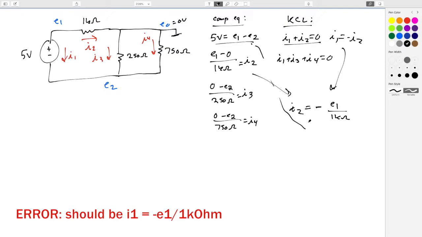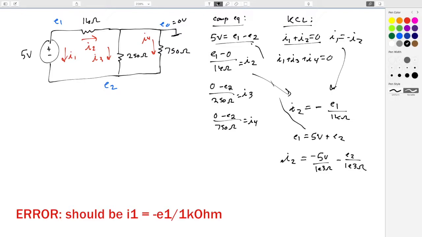And so that'll end up saying E1 equals 5 volts plus E2. Right, we can drop that in. So I2 equals negative 5 volts over 1 e to the 3 ohms minus E2 over 1 e to the 3 ohms.